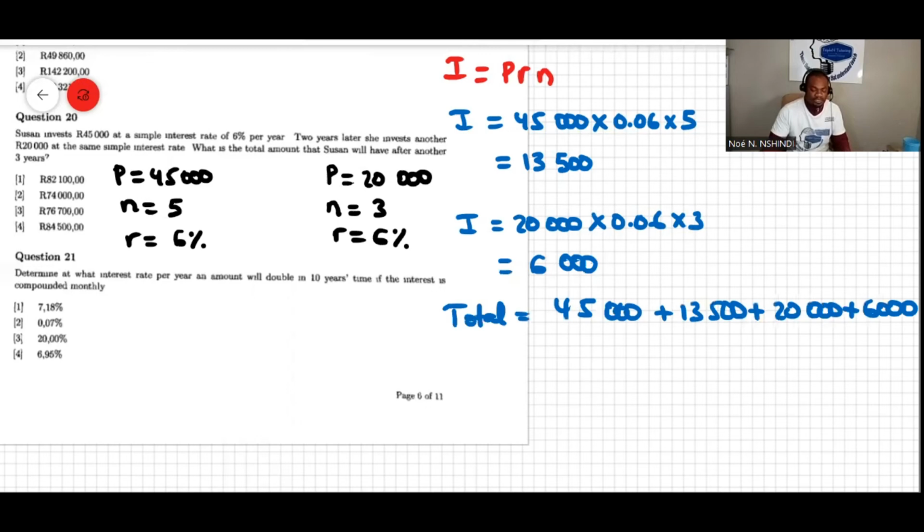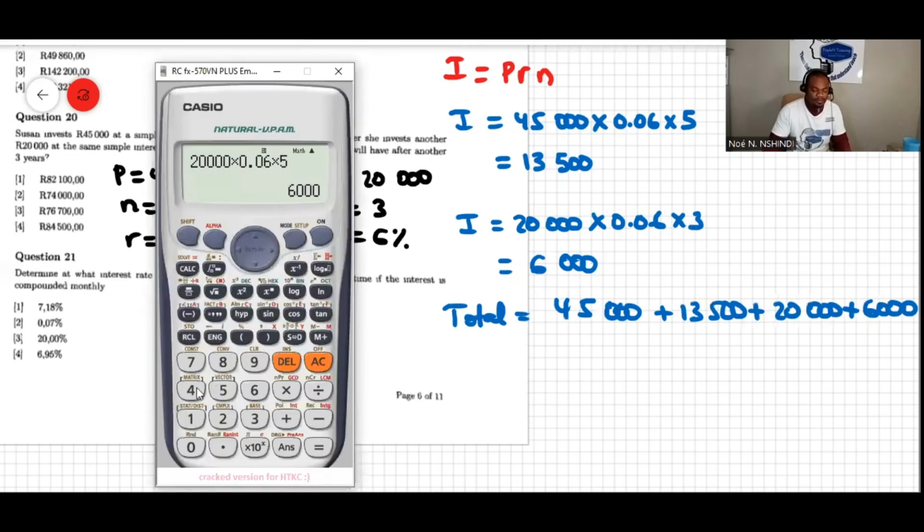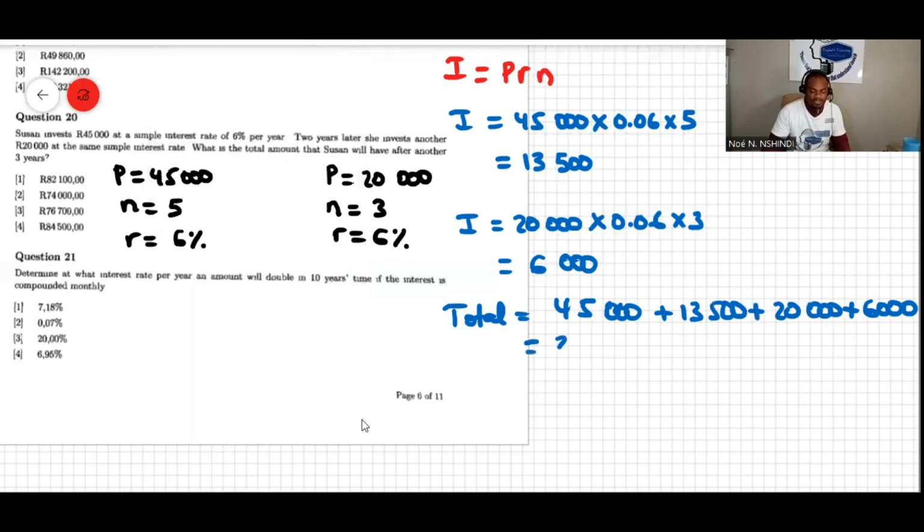We can do 45,000 plus 13,500 plus 20,000 plus 6,000, and when we hit equal, the total amount is 84,500. So 84,500, which is alternative 4. Next question.